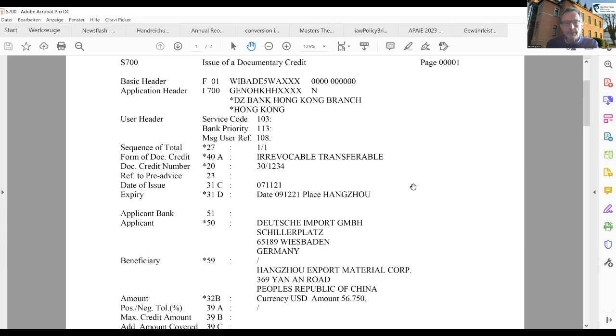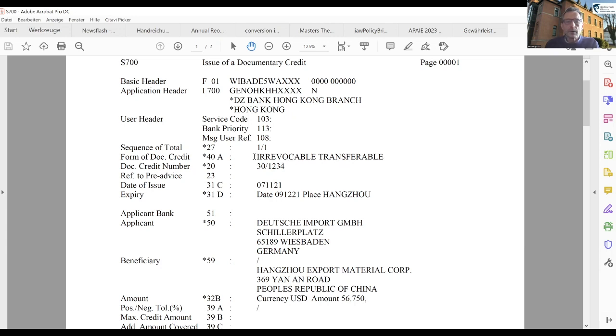And we will see that here in that document. So here in that special case, the bank has established that guarantee, or better to say, that letter of credit.